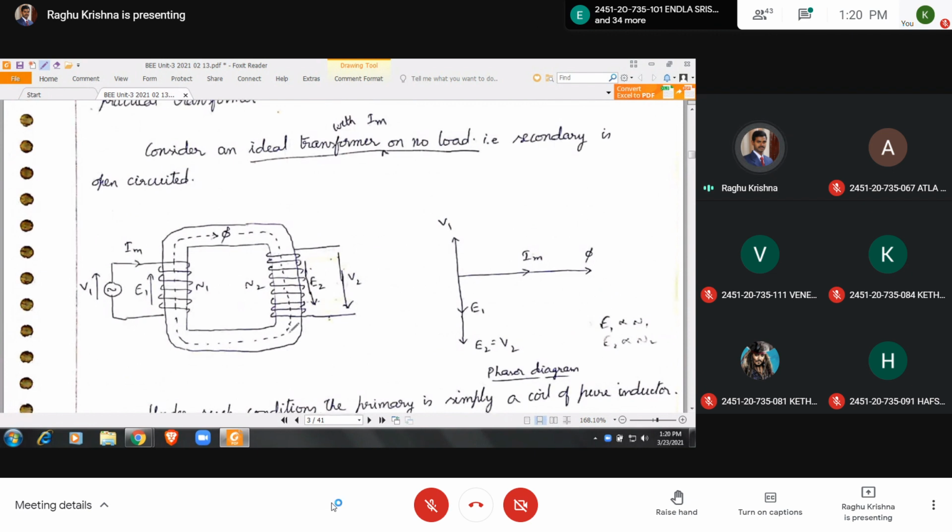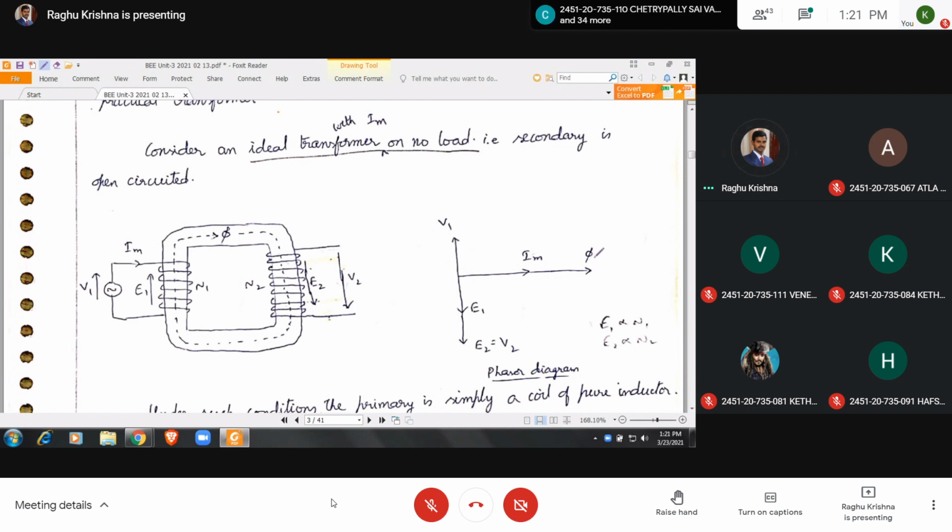So here this is the schematic diagram again. From the EMF equation, you know that current lags the voltage by 90 degrees. If you take an inductor, current lags the voltage by 90 degrees, and here it is shown like this.